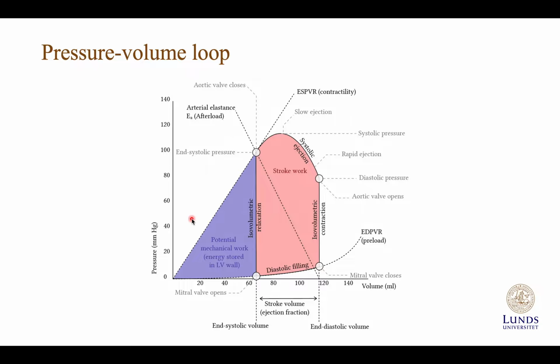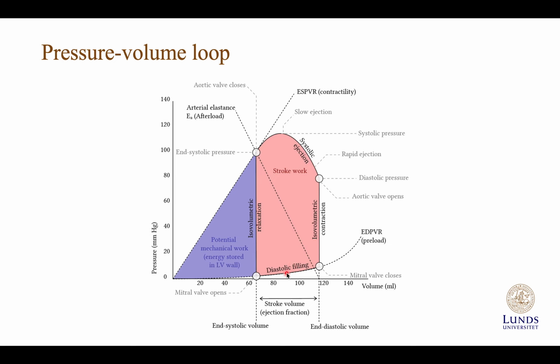Now, the diastolic filling. This is the bottom right part of the loop. The mitral valve is open and blood flows from the left atrium into the left ventricle. Pressure rises only slightly while the volume increases from the end systolic volume to the end diastolic volume.